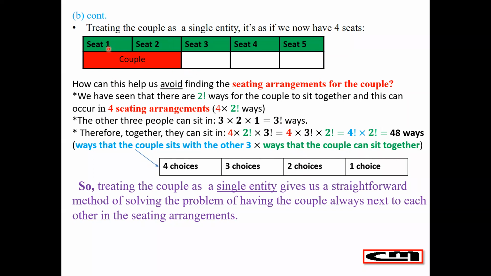So once you kill the 2 seats, you come up with 4, then you find in how many ways you can sit those 4 people now. When you get that, then times the number of ways the couple can sit together. This is where we are now. So going forward, I'm simply going to apply this straightforward method of killing some seats, then consider the reduced seats as if they are now less than the original seats.